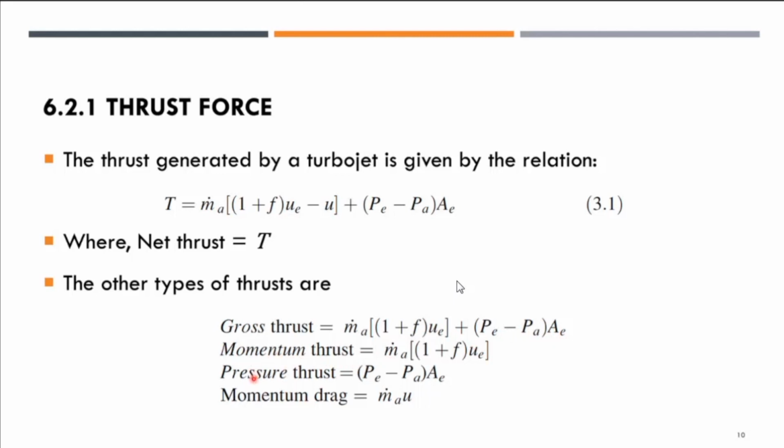Momentum thrust, pressure thrust, and the momentum drag. Basically all of these components are included inside equation 3.1. This is the general relationship for the thrust force of a turbojet.